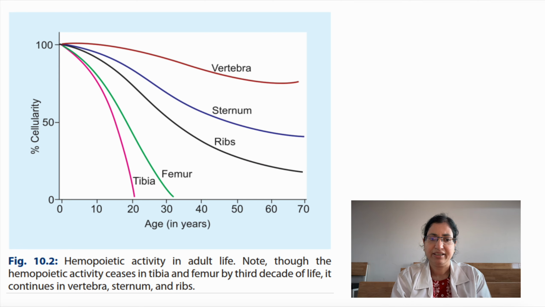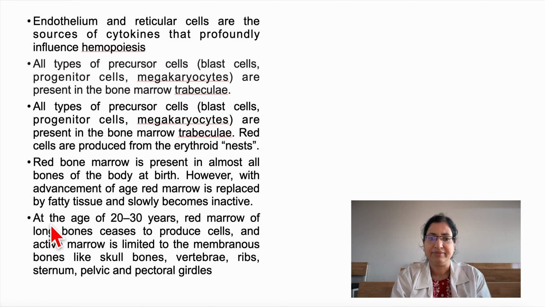Here in this slide, at the age of 20 to 30 years, the red marrow of long bones stops producing cells, and active marrow is limited to the membranous bones like skull bones, vertebrae, ribs, sternum and the pelvic and pectoral regions. This is an MCQ here.